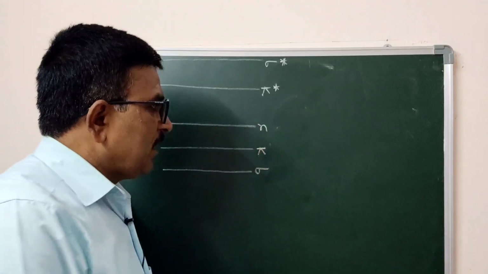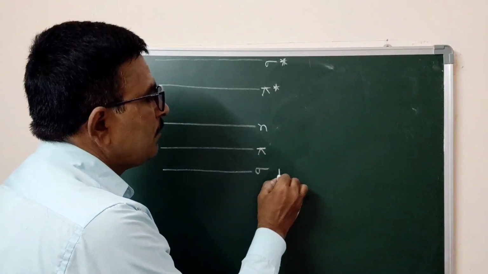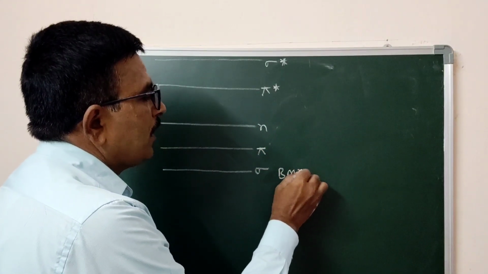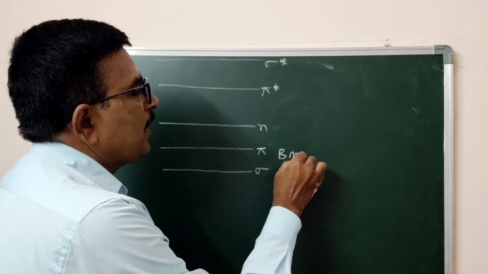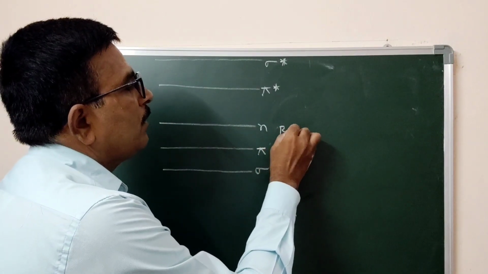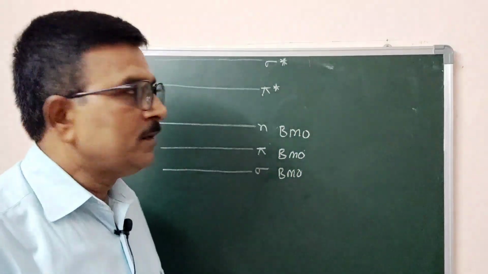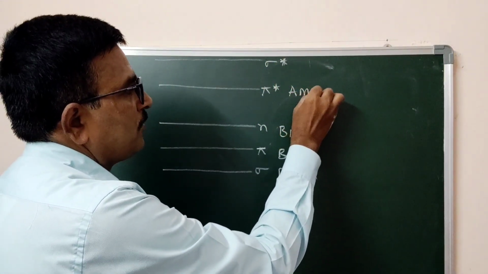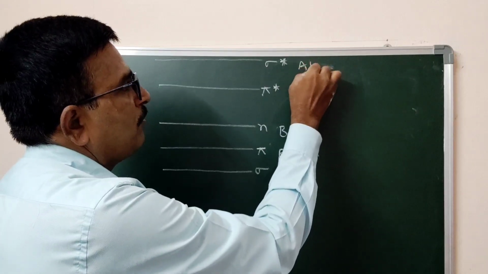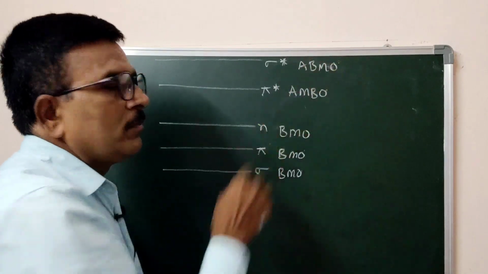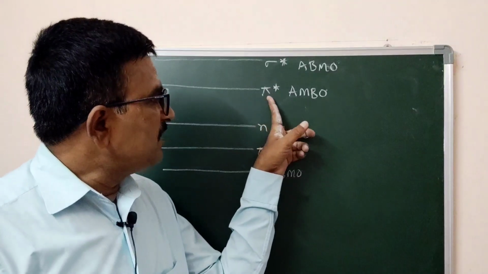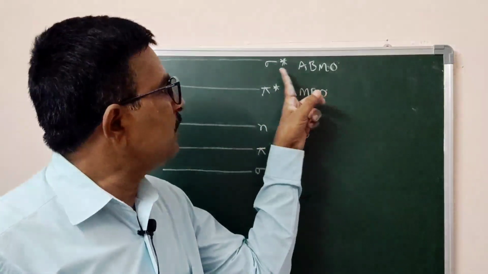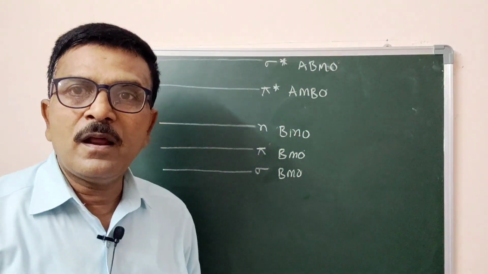These orbitals are called BMO, bonding molecular orbitals, the pi bonding molecular orbital, the non-bonding molecular orbital, and these two are called anti-bonding molecular orbitals, ABMO: the pi star anti-bonding molecular orbital and the sigma star anti-bonding molecular orbital.